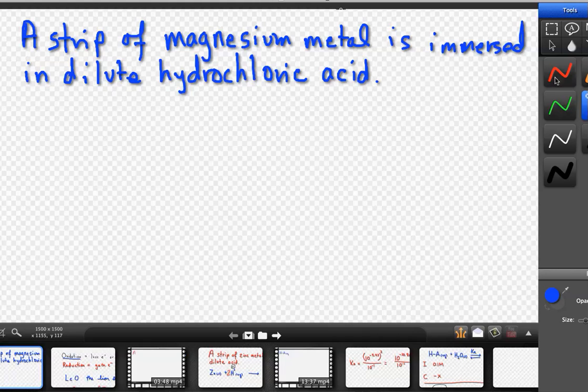So in writing the molecular equation, we would have Mg. Now this is a metal, so of course it's going to be a solid. We would have HCl dissolved in water, which would be aqueous.